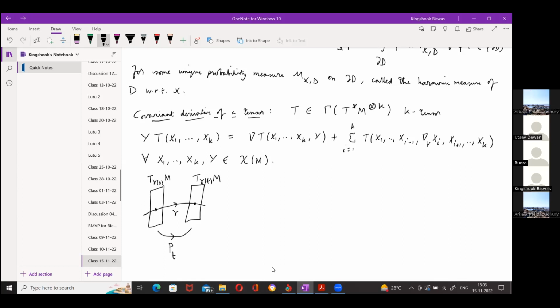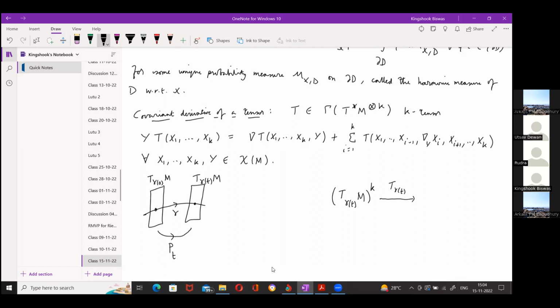Well, you do the natural thing. You identify one tangent space with another using parallel transport, right? So if I identify using parallel transport, then my multilinear function, say T, from the tangent space at gamma t to the power k, I have my tensor T at gamma t.